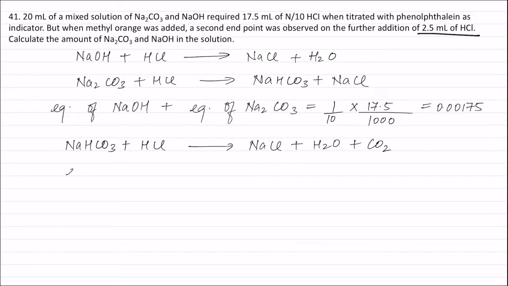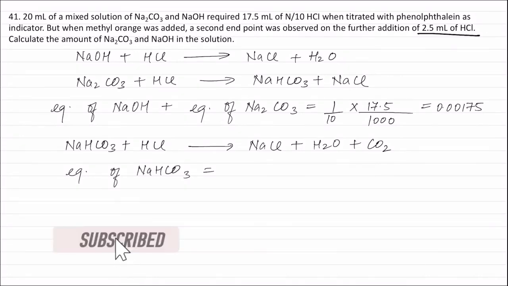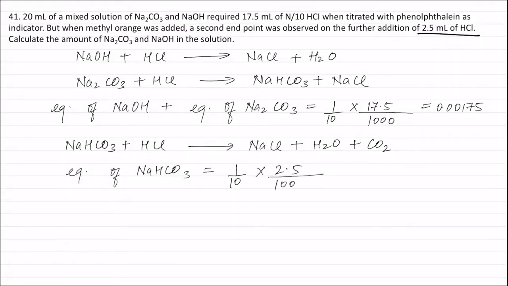Therefore, equivalents of NaHCO3 will be equal to equivalents of HCl, and equivalents of HCl will be equal to normality of HCl, that is 1 by 10, into volume of HCl in liters, that is 2.5 divided by 1000 liters, and this is equal to 0.00025 equivalents. Now equivalents of NaHCO3 will be equal to equivalents of sodium carbonate.